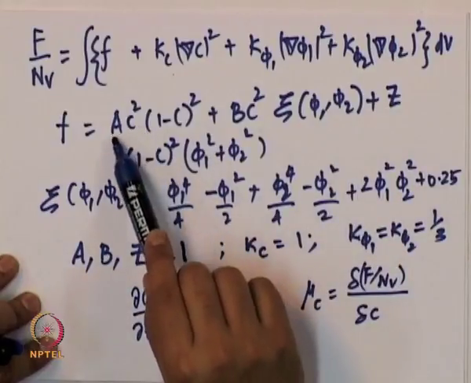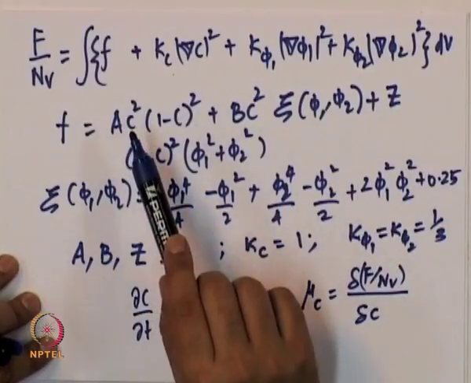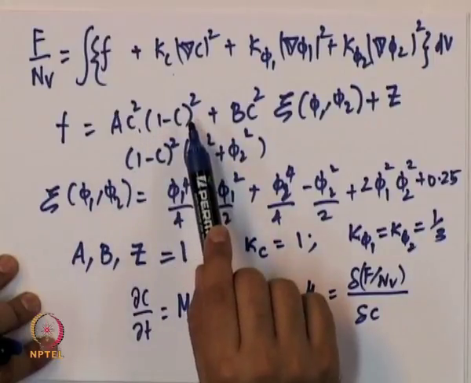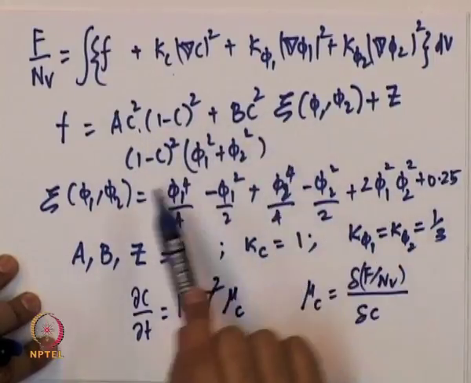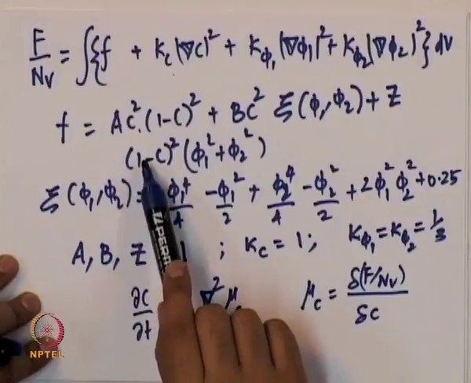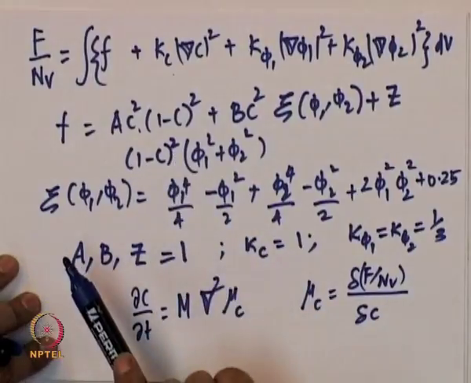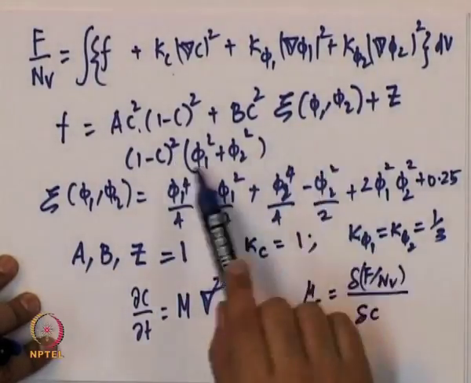So, this will give 2 A C (1 minus C)(1 minus 2 C). When you differentiate, this will give me 2 B C, and this will give me minus 2 Z times (1 minus C) multiplied by the corresponding quantity.